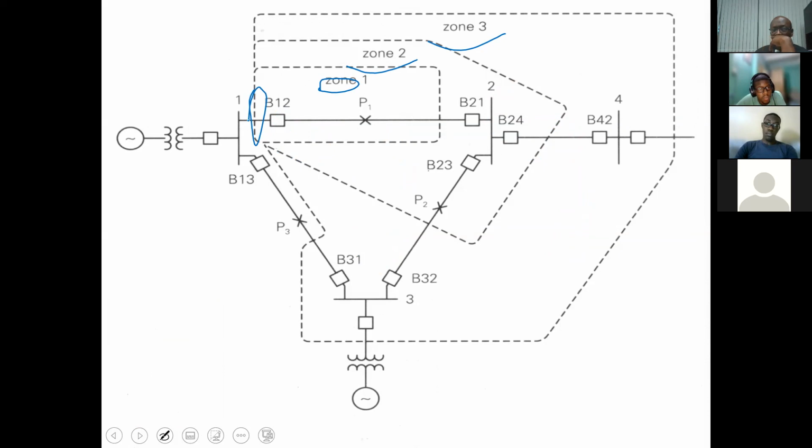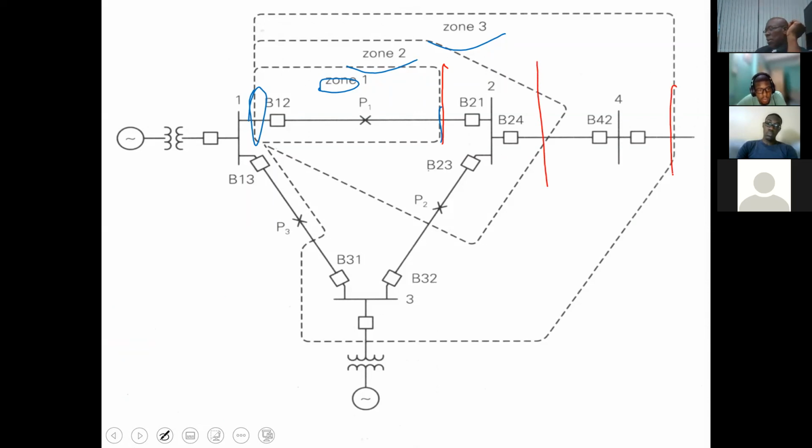So zone 1, you realize, does not go the full length of the line. Zone 1 stops here. Then zone 2 stops over here. And zone 3 is all the way down here.